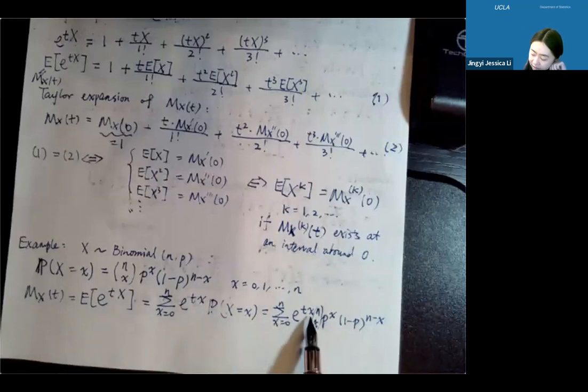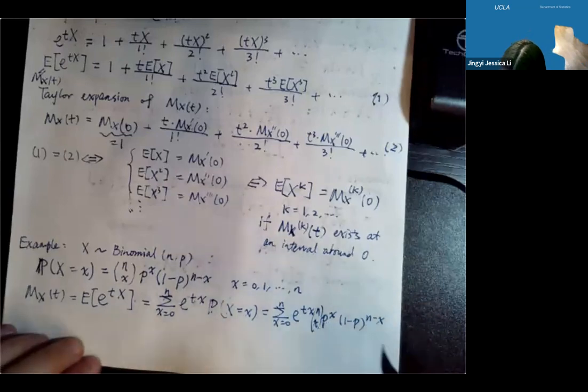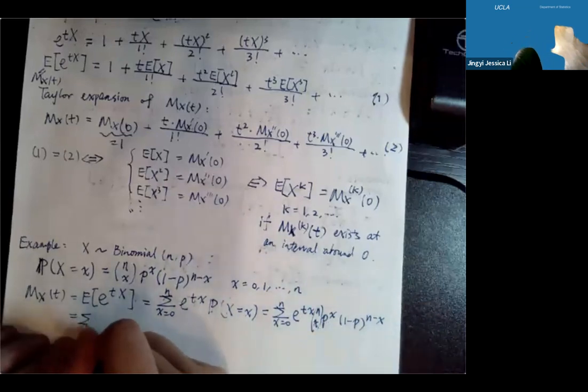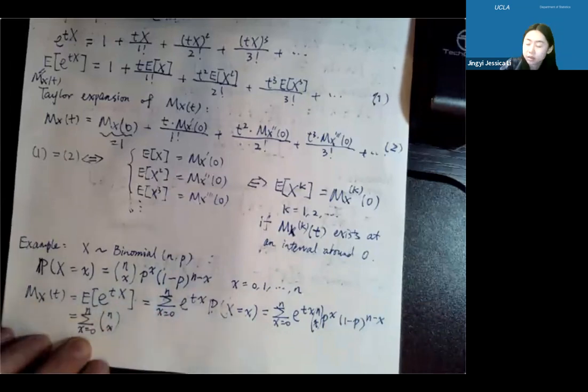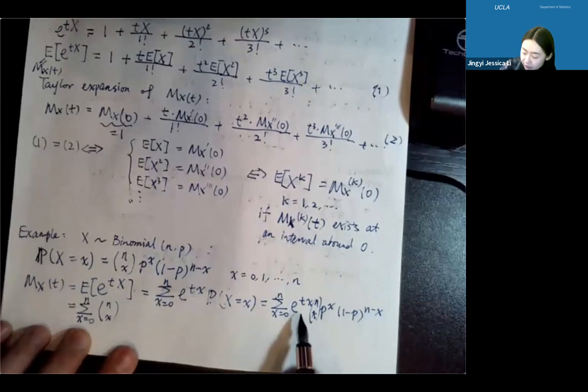Now the e to the tx is here, and P to the power x is here. If I multiply those two, a natural result is, going one more line, the sum over x from 0 to N. I put N choose x in the front, and I combine the two terms with x in the power.